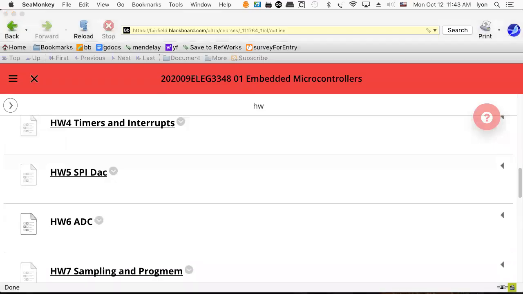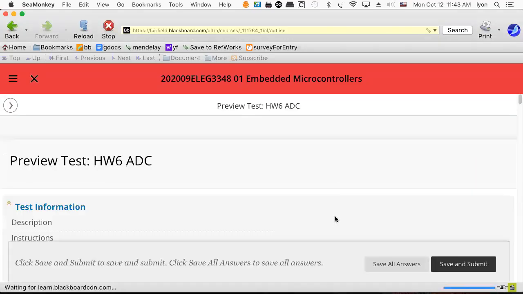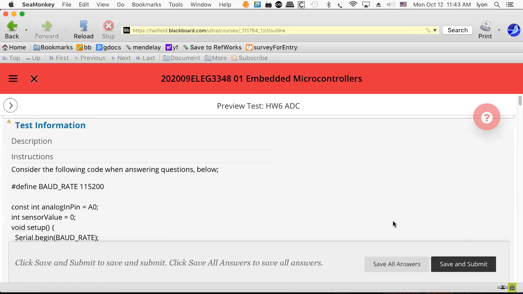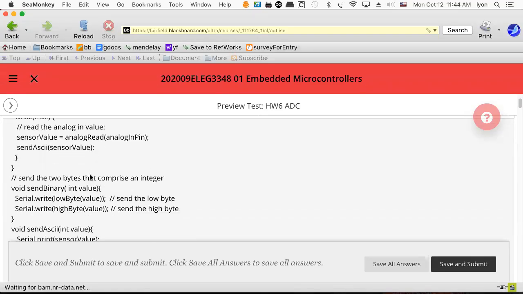One sec. Well, let's do this. I'll pretend I'm a student and I'm just going to hit begin. So let's take a look at this. We've got this thing here called the baud rate, which is defined in a constant. And looks like we're printing out something in ASCII for a sensor value.